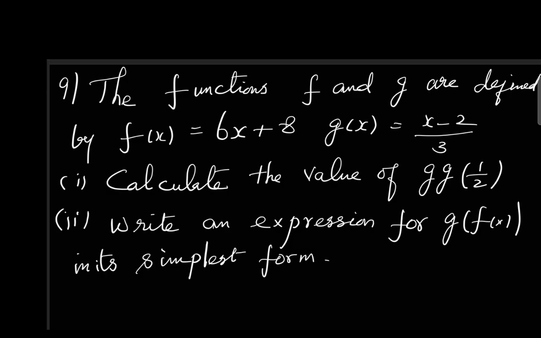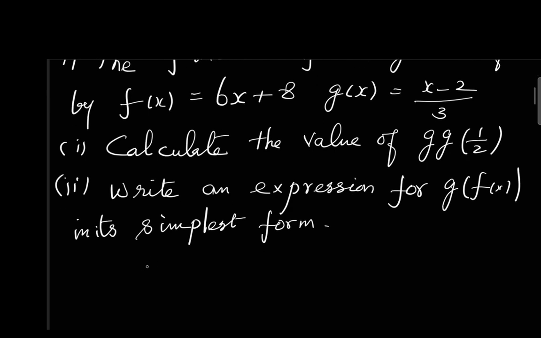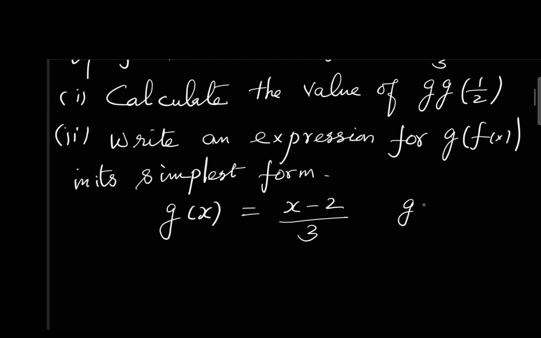See the 9th sum. The functions f and g are defined by f(x) = 6x + 8 and g(x) = (x − 2)/3. Calculate the value of g(g(1/2)). So let me do the first part first. g(x) is given as (x − 2)/3. The question asks you to find g(g(1/2)).